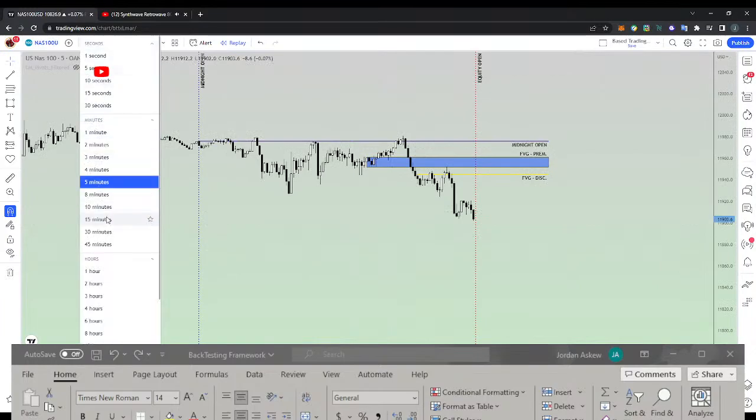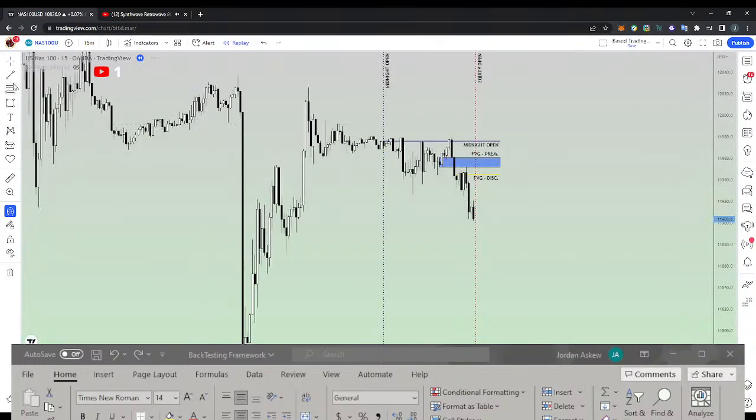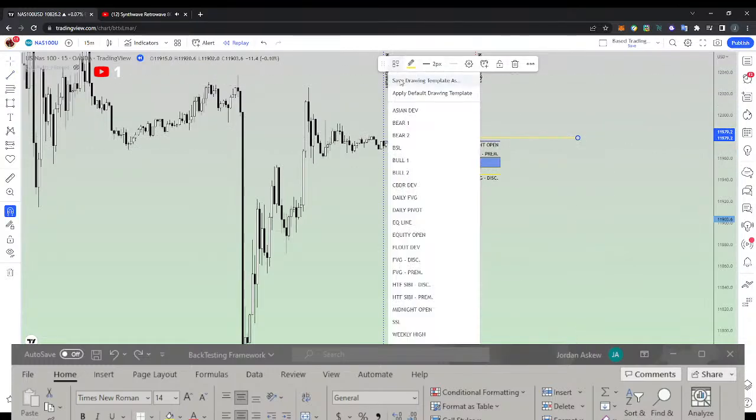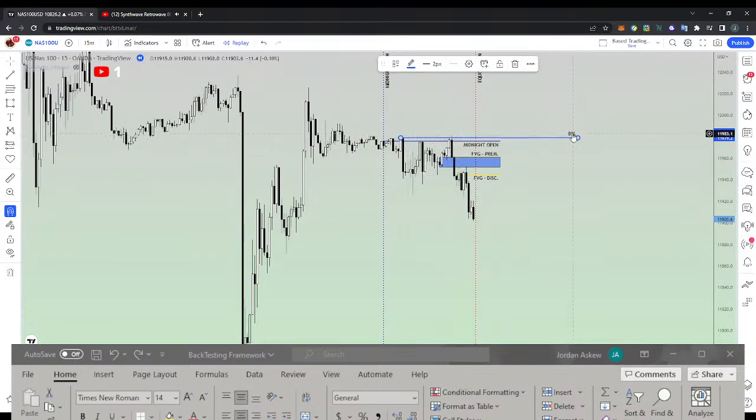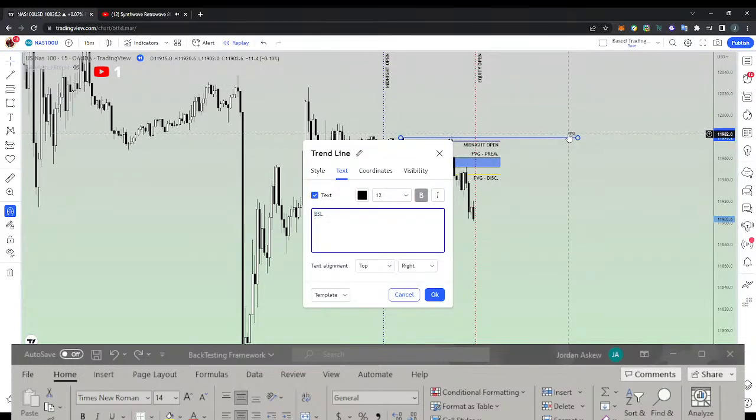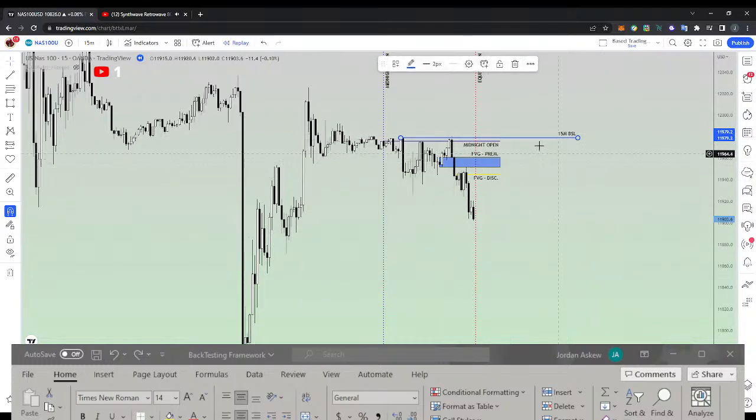So actually, let me go back up to the 15-minute, and let's mark out our obvious 15-minute buy side and sell side liquidity, which would be this right here. BSL stands for buy side liquidity. And this is our obvious sell side liquidity.